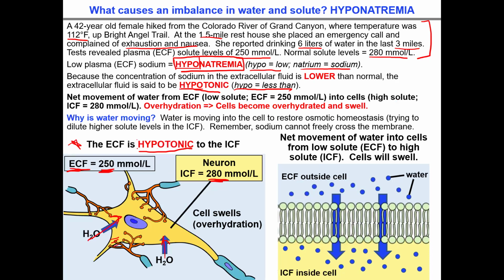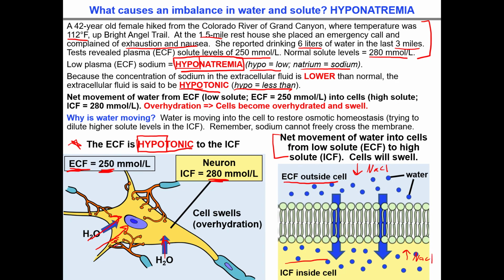One way I kind of remember this is hypo, just like a hypodermic needle is used to inject things inside. In this case, hypotonic, water from the outside rushed inside. So you can see that movement here from our extracellular fluid to our intracellular fluid. We had a much lower sodium content out here and a much higher sodium content inside.